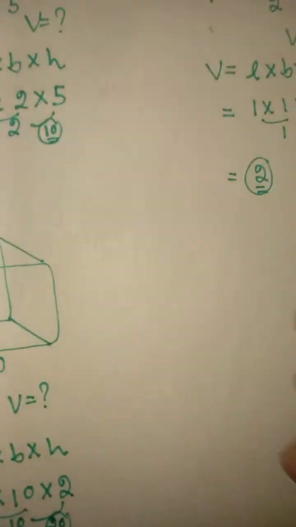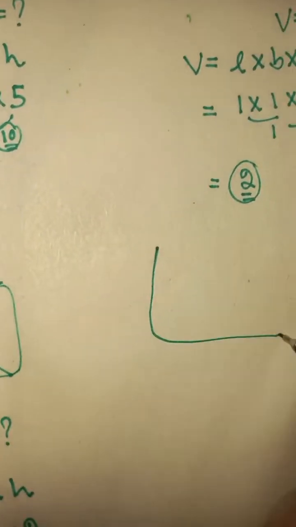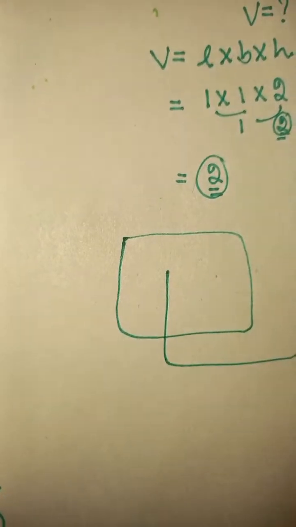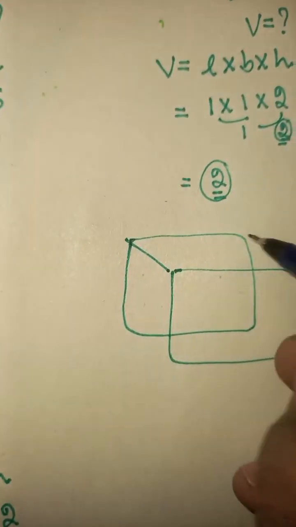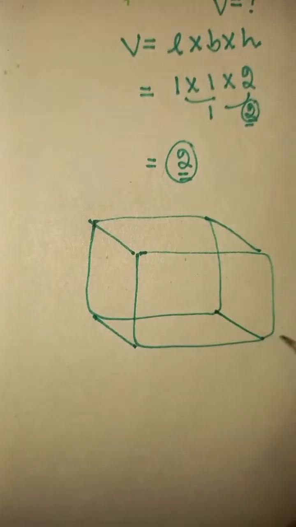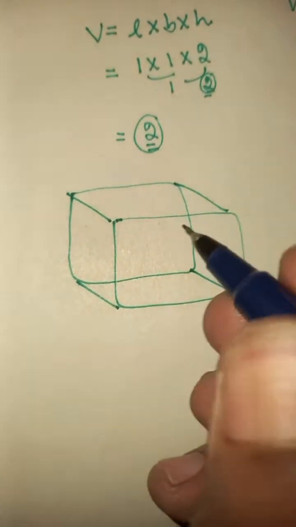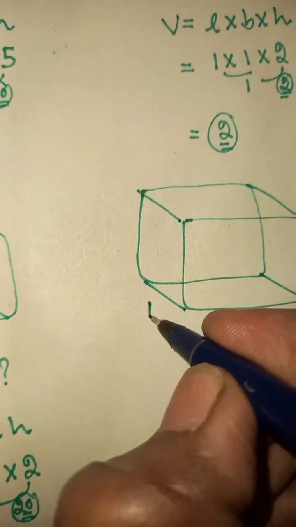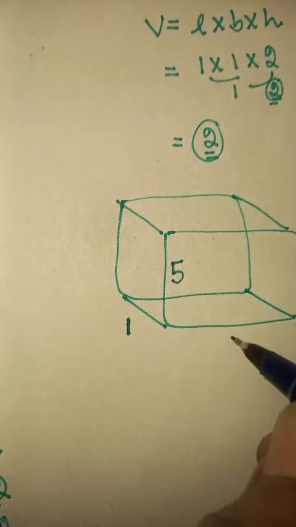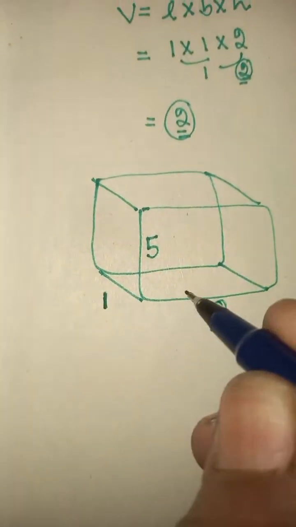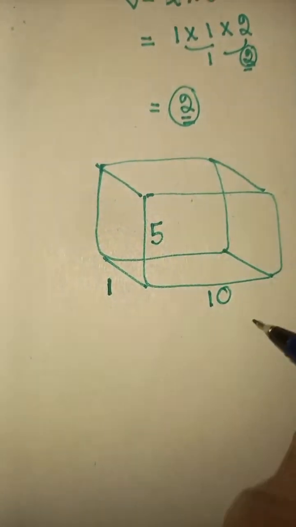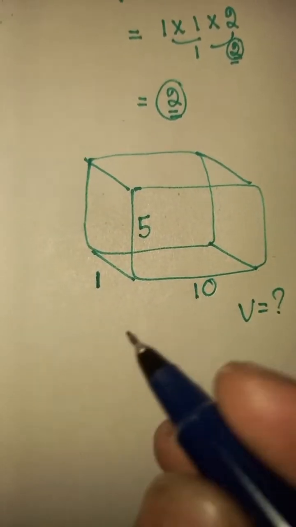Let's take another cuboid. Here, the length, breadth, and height are 1 unit, 5 units, and 10 units. This is length, breadth, and height. Let's find out the volume.